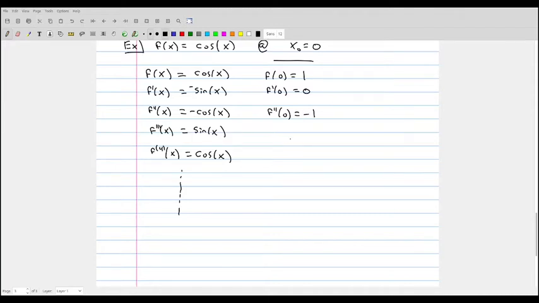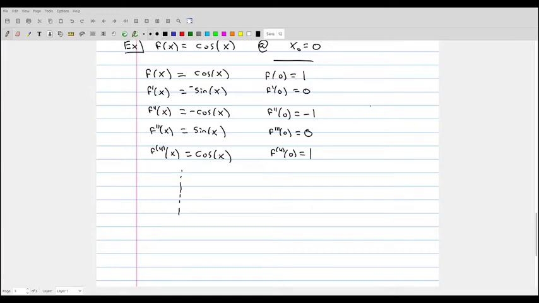The third derivative, f triple prime of 0, is equal to sine of 0, which is 0. The fourth derivative at 0 is going to be cosine of 0, which is 1 again. And it's not too hard to see that this pattern is going to keep repeating.